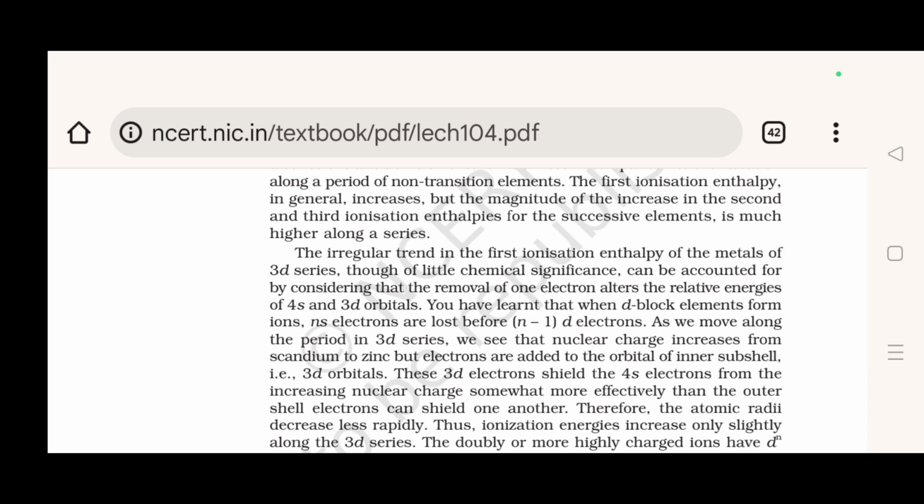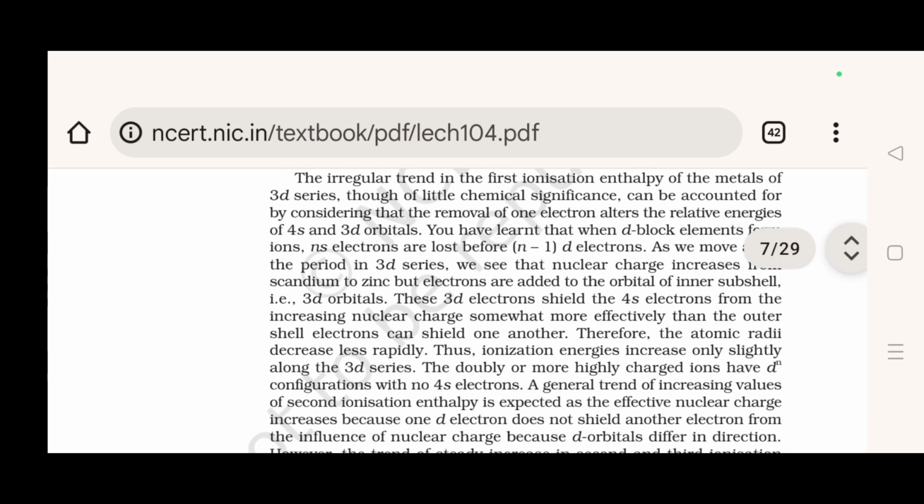These 3d electrons shield the 4s electron from the increasing nuclear charge somewhat more effectively than the outer shell electrons can shield one another. Therefore, the atomic radii decrease less rapidly, and thus ionization enthalpy increases only slightly along the 3d series. The doubly or more highly charged ions have d^n configuration with no 4s electron.